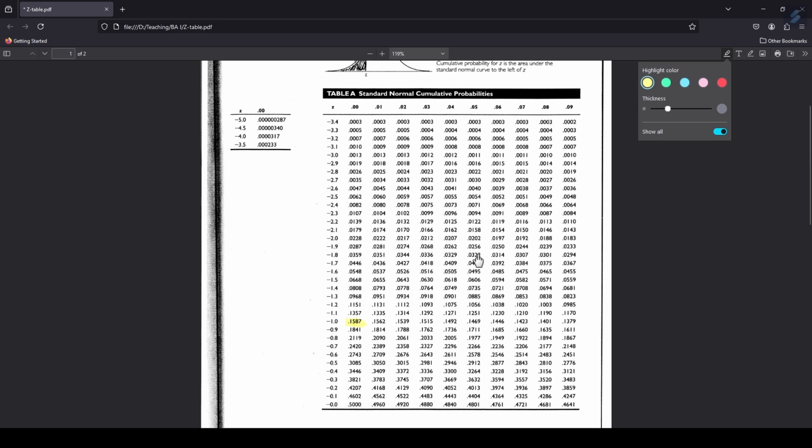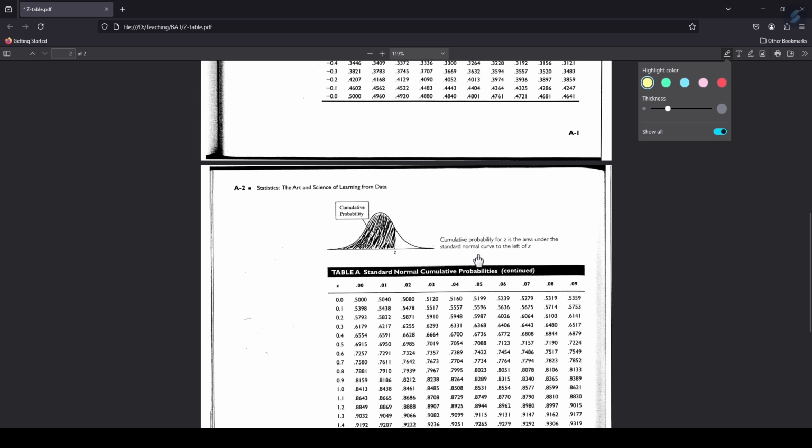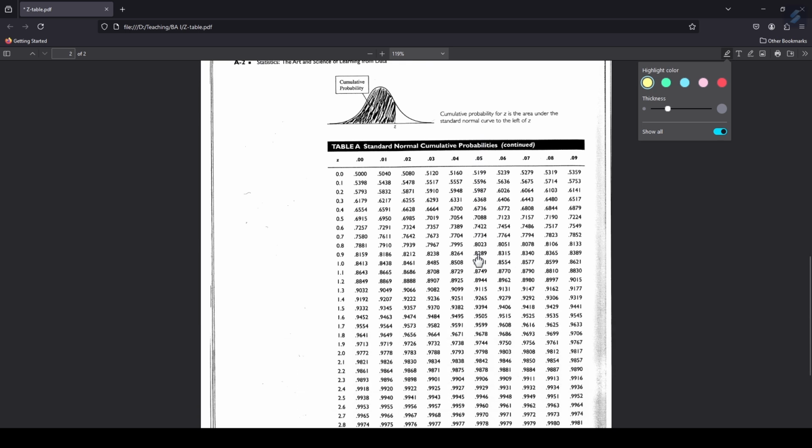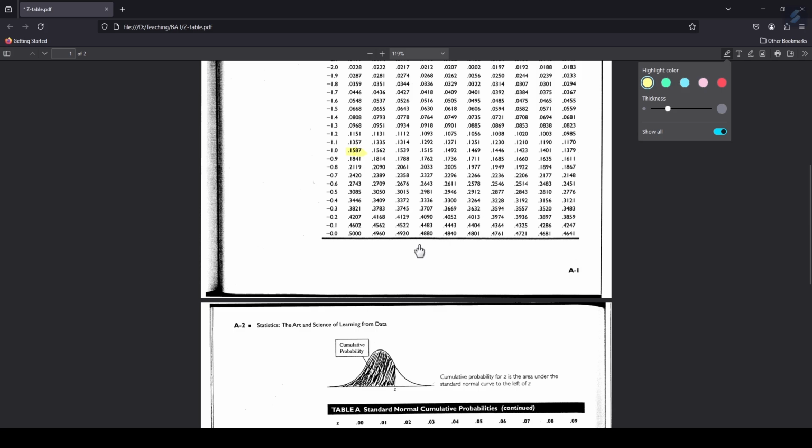We also calculated the other z-score, which was 1.00, and we are getting a probability of 0.8413. So we have two probabilities.